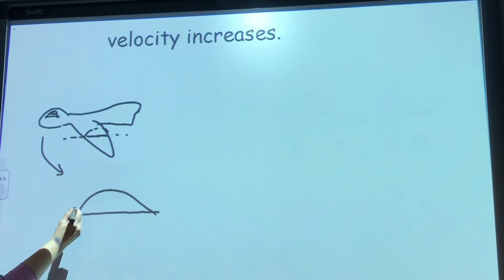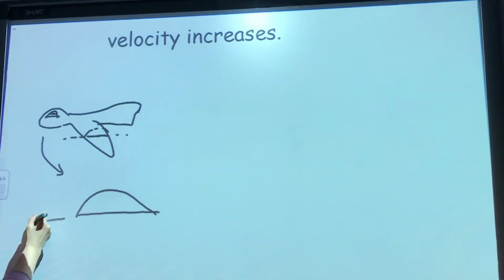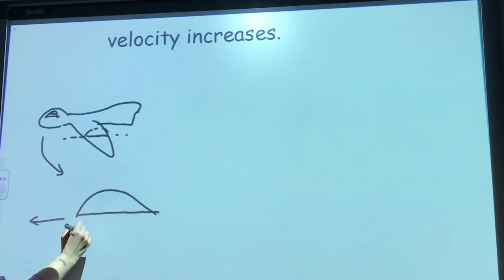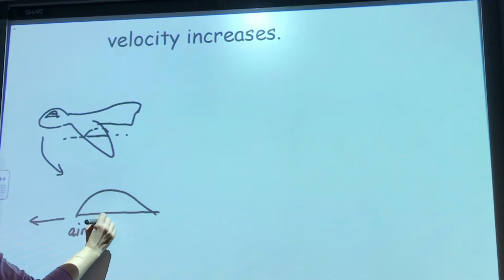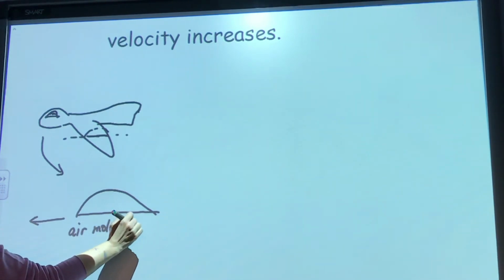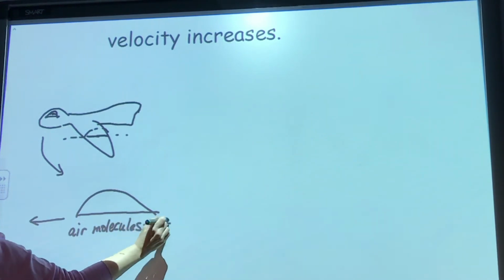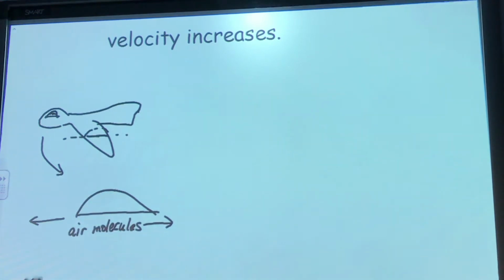If you think about this, if our airplane is moving in this direction, and our airplane is moving with a certain velocity, that velocity is basically that our air molecules are traveling over this wing in this direction, relatively.